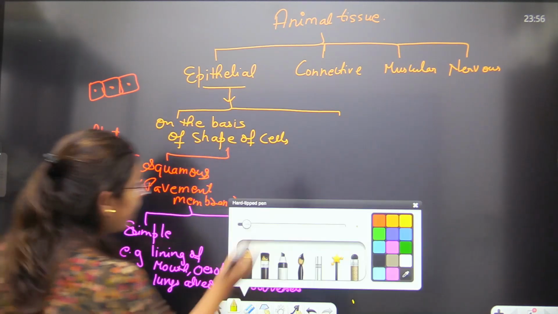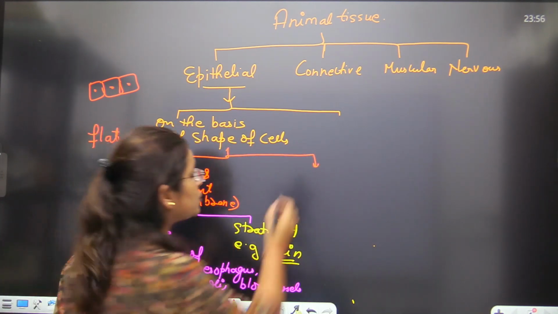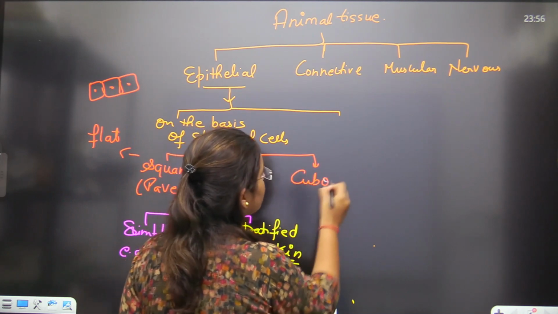Now the second type of epithelial tissue is cuboidal epithelium.